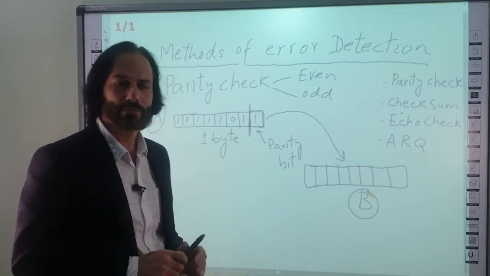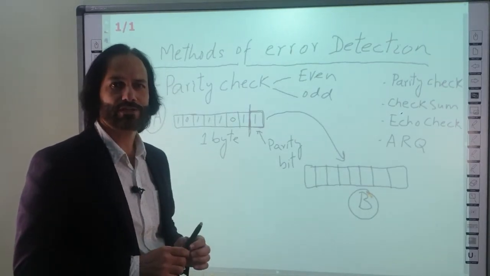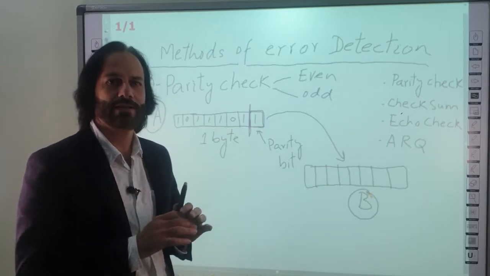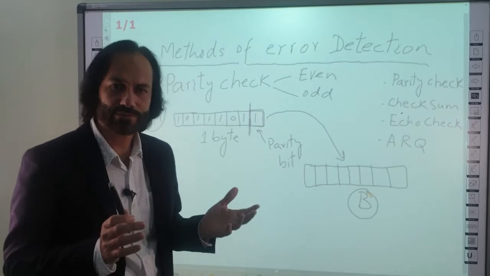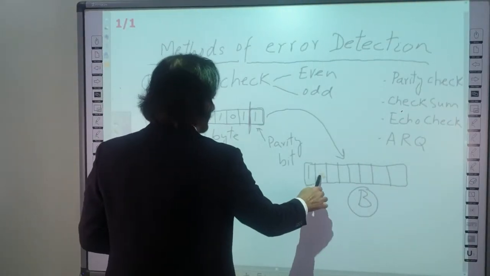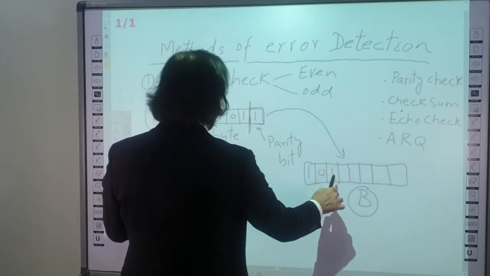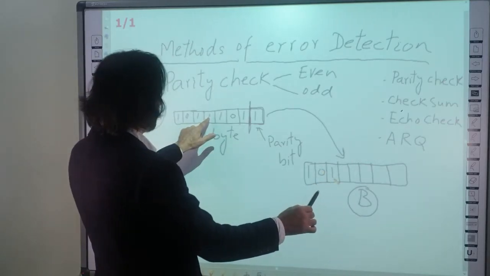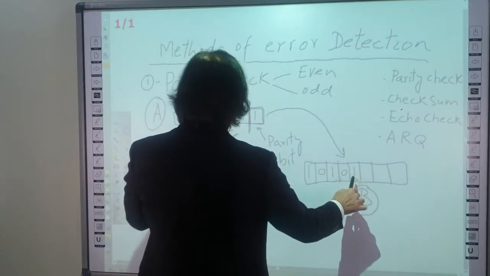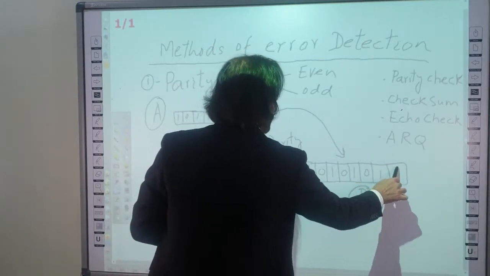For example, during transmission, a few bits, 1 bit or 2 bits get corrupted. For example, I'm sending 1, 0, 1 and this bit number 4 becomes 0 and the rest of the bits remain same.